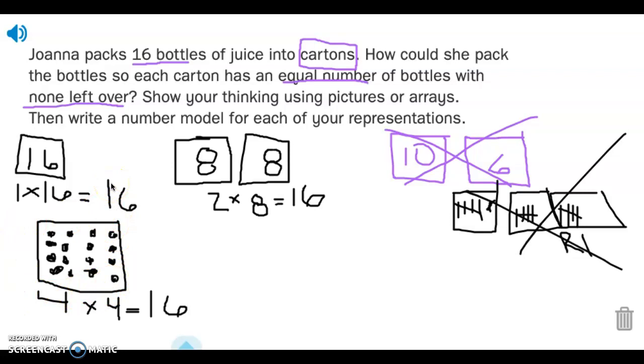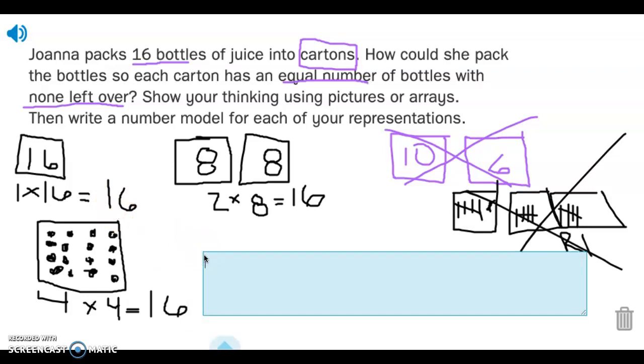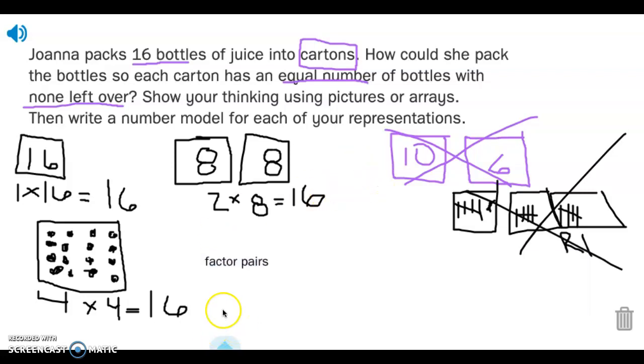Maybe you found one of these three. Maybe you found all three on your own. That's wonderful, but we have a new vocab word we learned today, which is factor pairs. What's a factor pair? Well, we know what a factor is, right? A factor times a factor equals a product. So factor pairs, what would that mean?